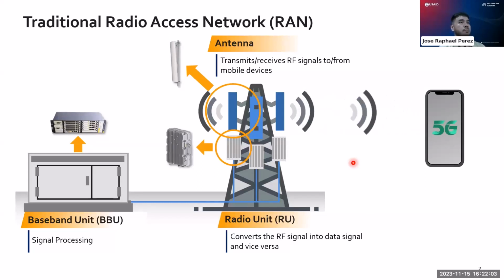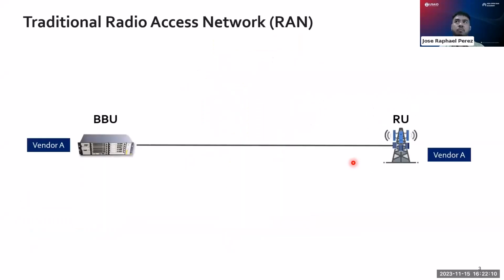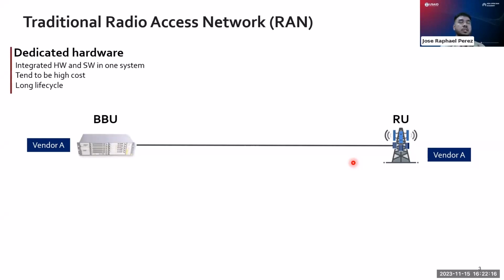With this setup, the current RAN has some characteristics. First, our hardware solution is dedicated, meaning the hardware and software are in a single integrated box, which we call monolithic.